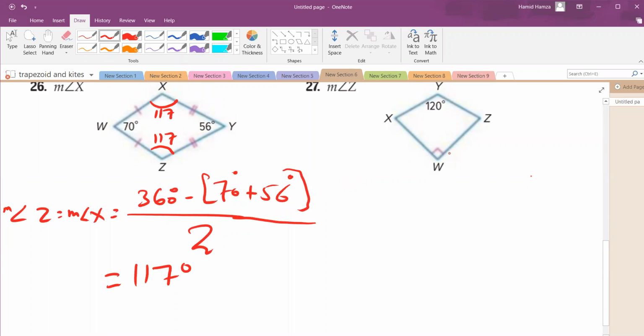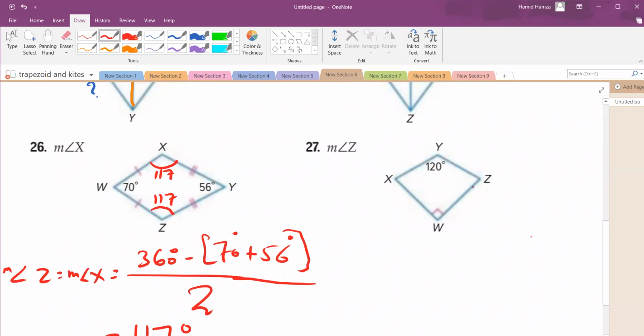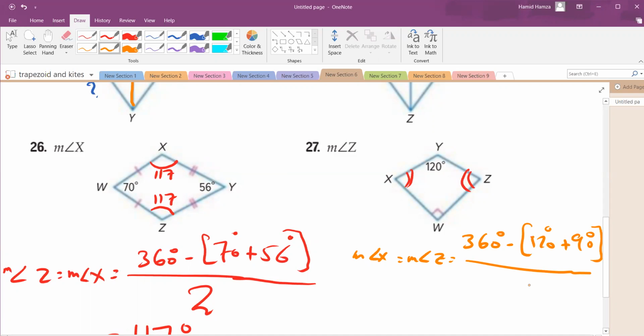Very good. Also the same, guys. We wanted to find angle Z. Y and W are not congruent, so Z and X are congruent, like I did here. Measure of angle X equals measure of angle Z equals 360 degrees minus 60 minus 120 plus 90 plus 90, over 2.